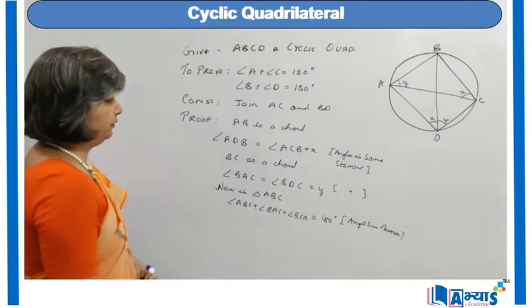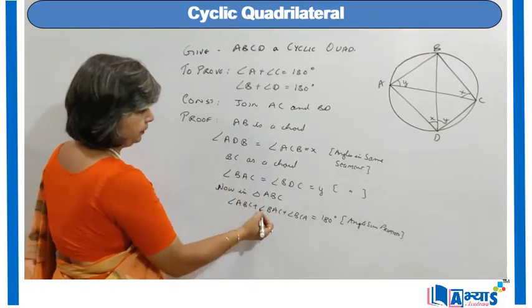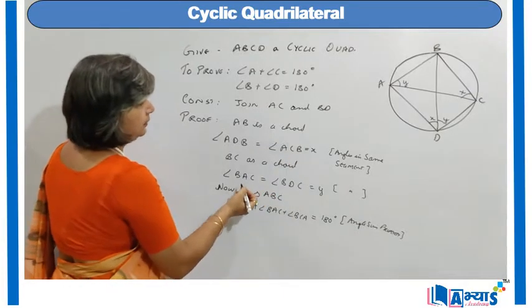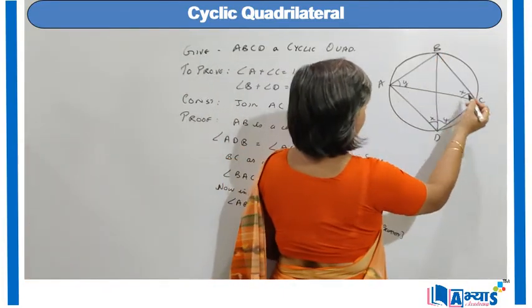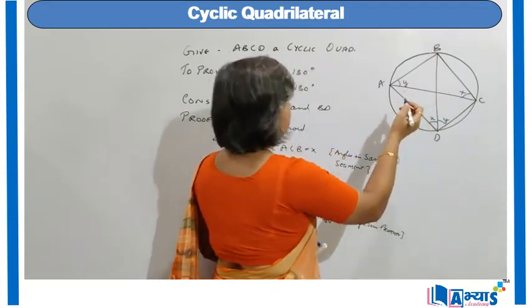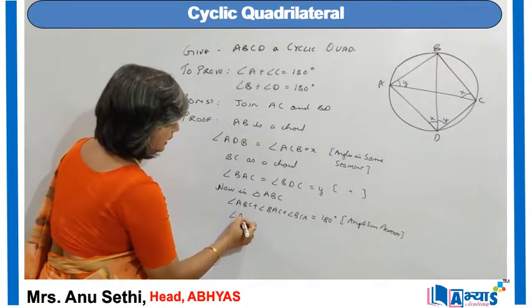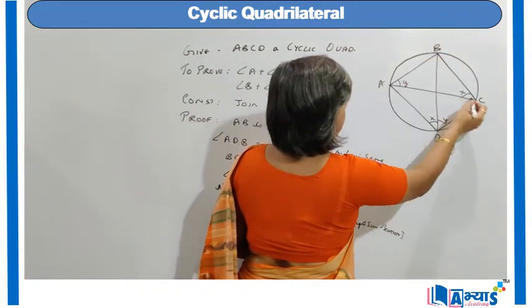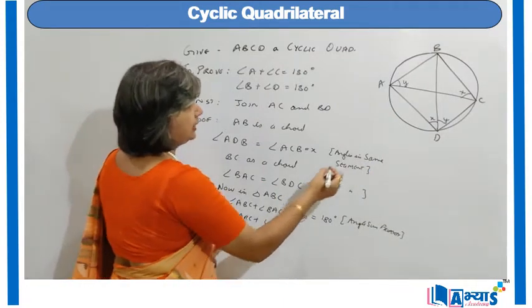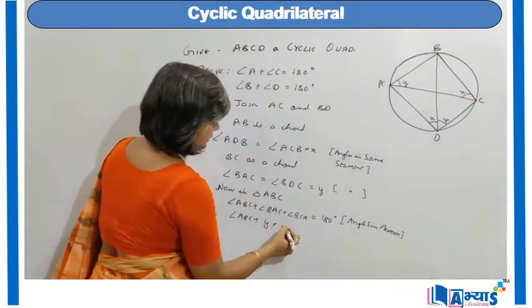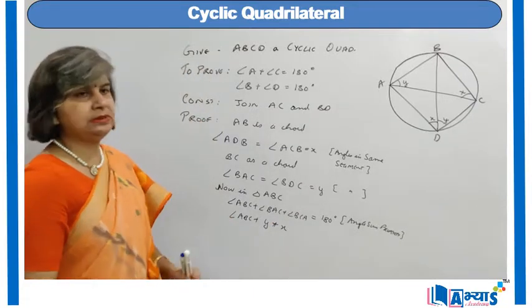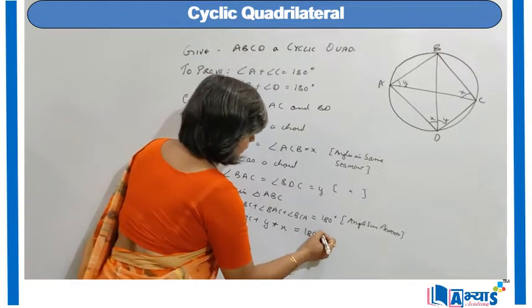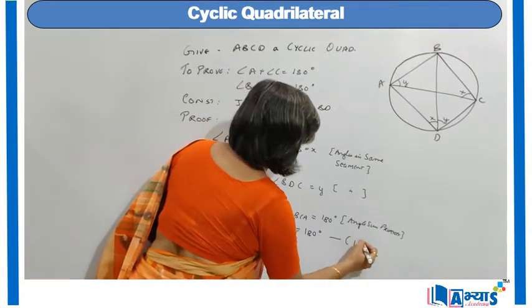Now substituting the values, we know that ACB is equal to x. So angle ABC plus, first the value of BAC, this is y, plus angle BCA is x. So we can say that angle ABC plus angle x plus angle y is equal to 180 degree. Let us mark it as equation 1.